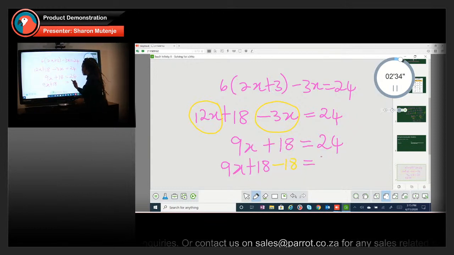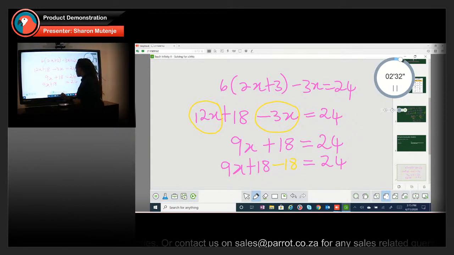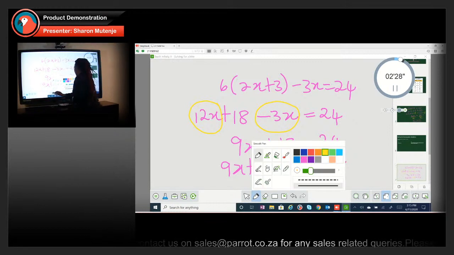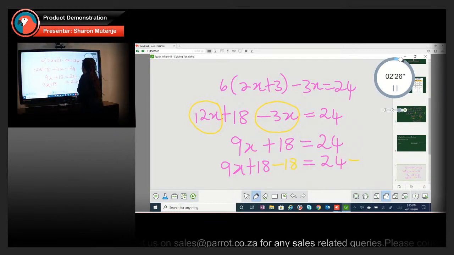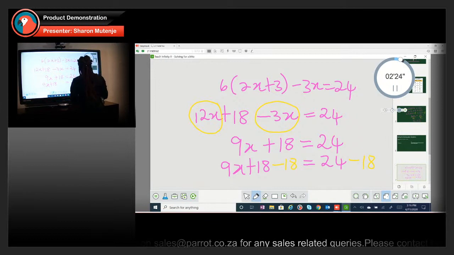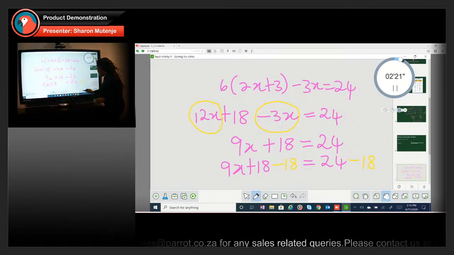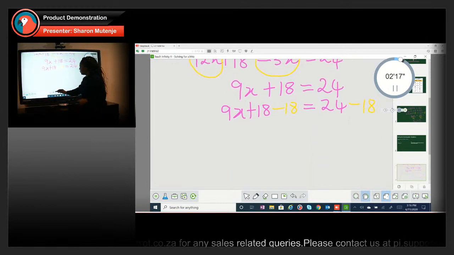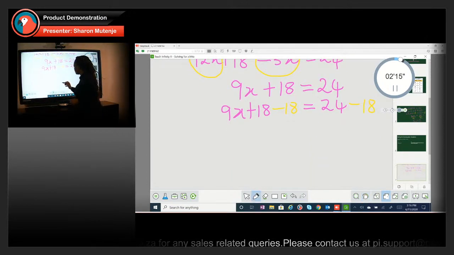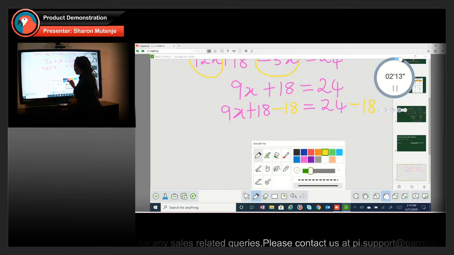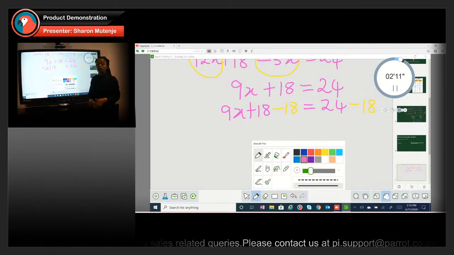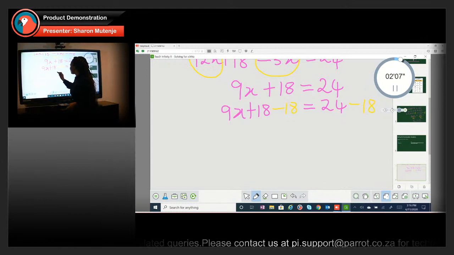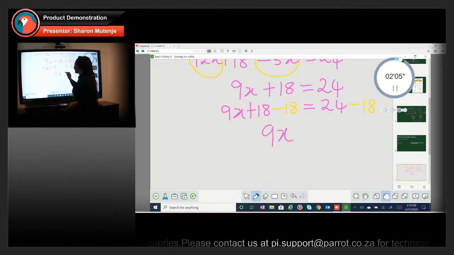Is equals to 24 minus 18. Right. So now let's just add some space there. Okay, so now 9x plus 18 minus 18 is equals to 9x.